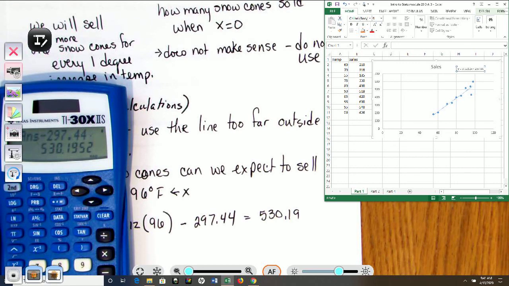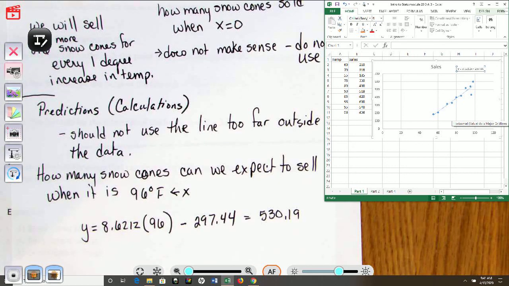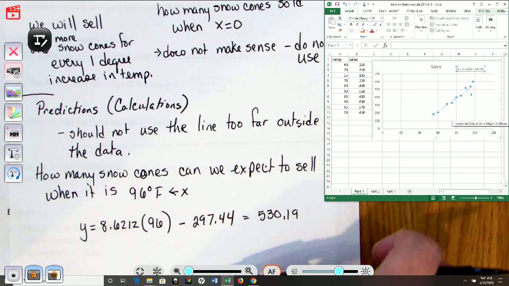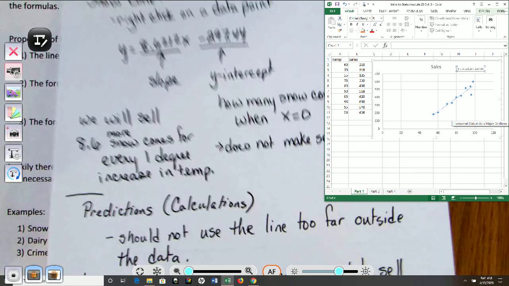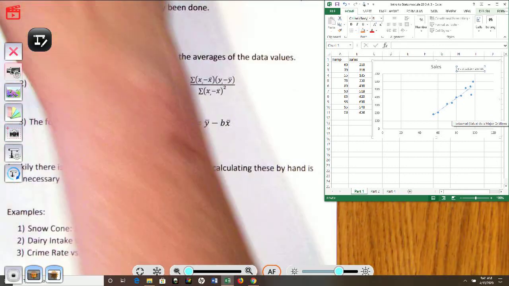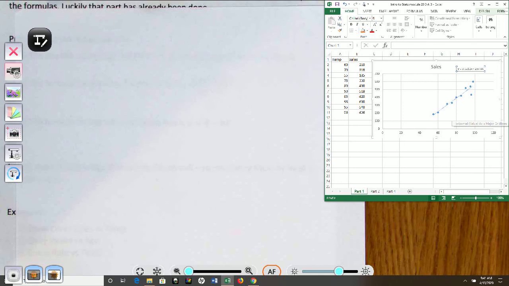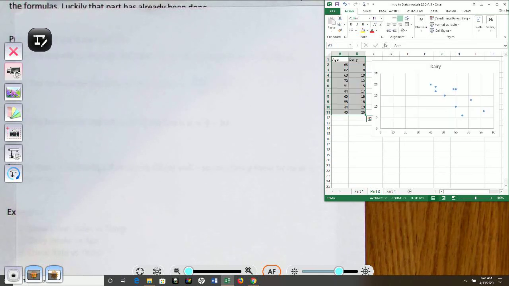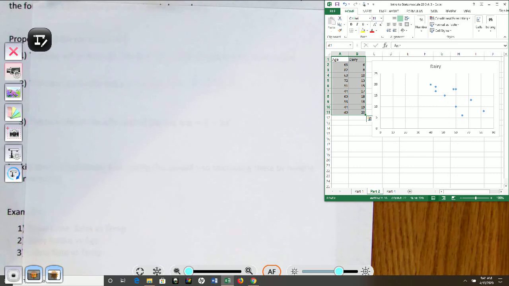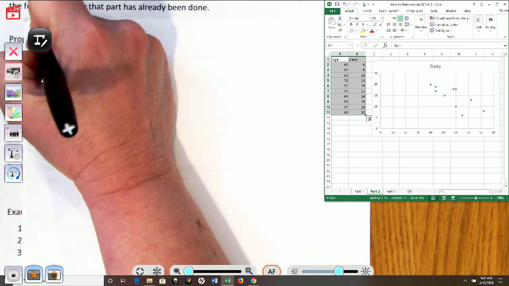Okay. We could do that again, but let's go to a different example so we can get some extra feedback. So let's go back to that dairy versus age one, and we'll do the same thing just to get some more reviewing. Okay, so here's our dairy versus the age.